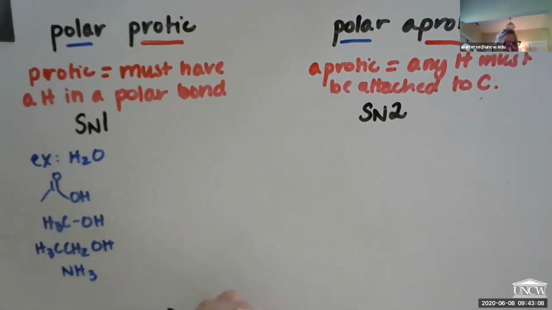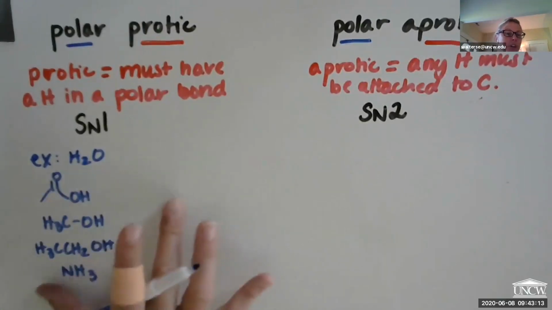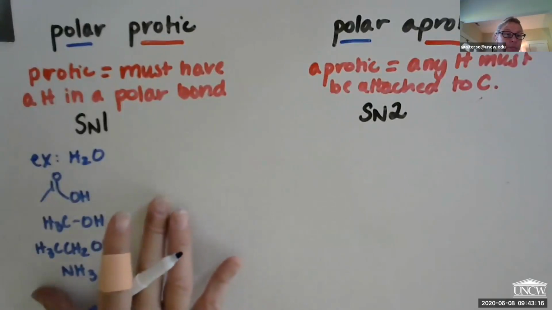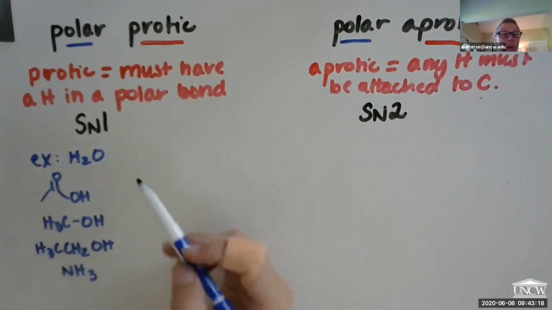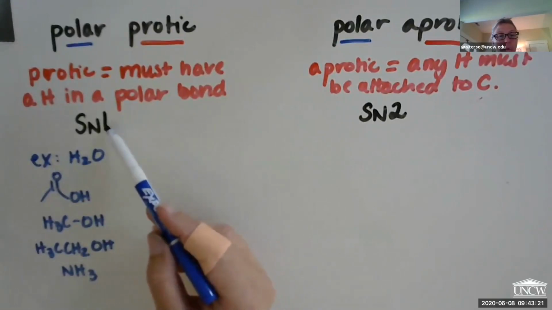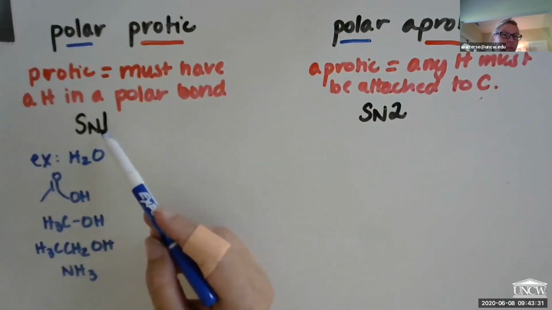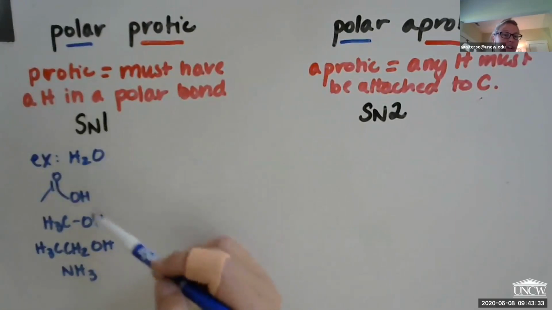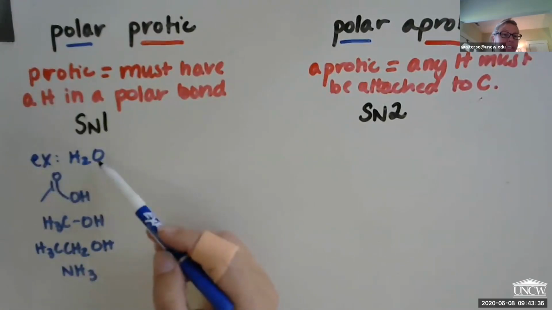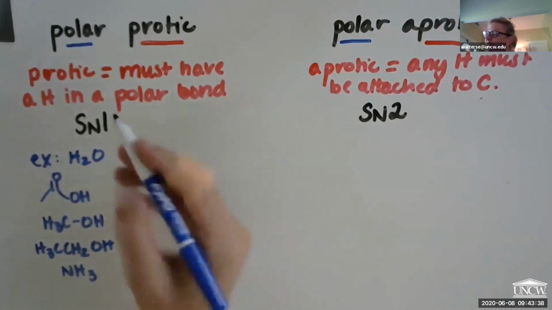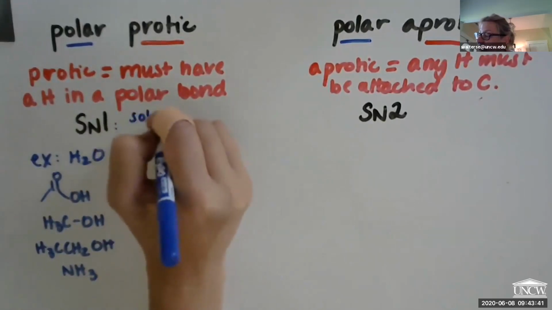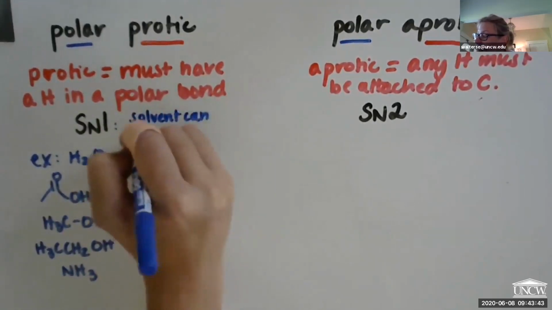As long as you have a hydrogen bonded to something more electronegative, those solvents will work. Now, think about SN1, which is two steps. You make a carbocation, a very electron deficient carbon, and these solvents have lone pairs of electrons. So oftentimes in SN1, your solvent can be your nucleophile.